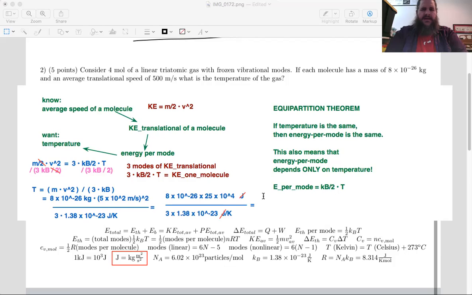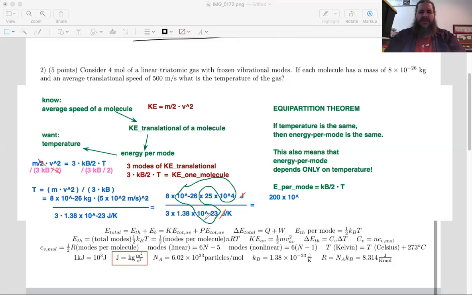In the numerator, we've got 8 times 25. That's just going to be 200 because I know 4 times 25 is 100. So 8 times 25 would be 200 times 10 to the, and if we combine these, in fact, if we combine all of these, all the 10 to the whatevers, so ignoring the 8, the 25, the 3, and the 1.38 for now, what do you get if you combine 10 to the negative 26 times 10 to the negative 4 divided by 10 to the negative 23?